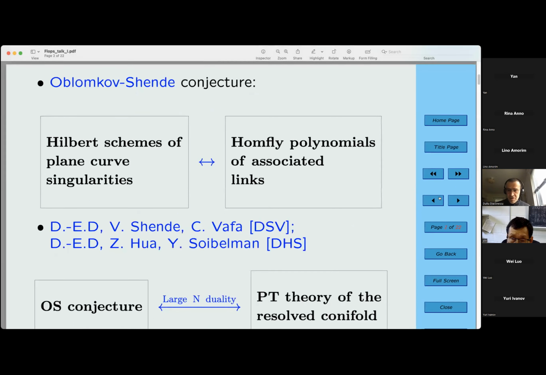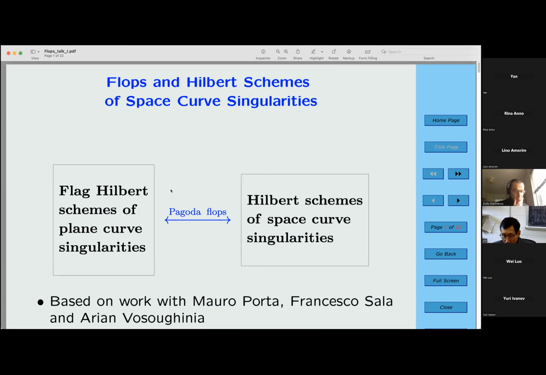So what is this about? First of all, the main idea is to use birational transformations in enumerative geometry to learn something about the topology of punctual Hilbert scheme of space curve singularities.